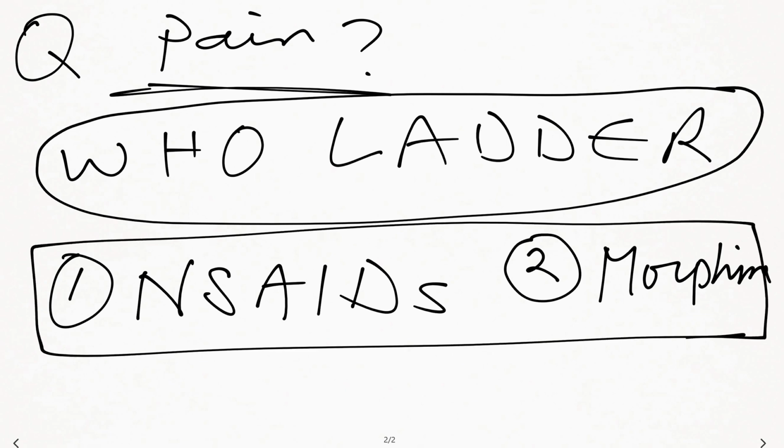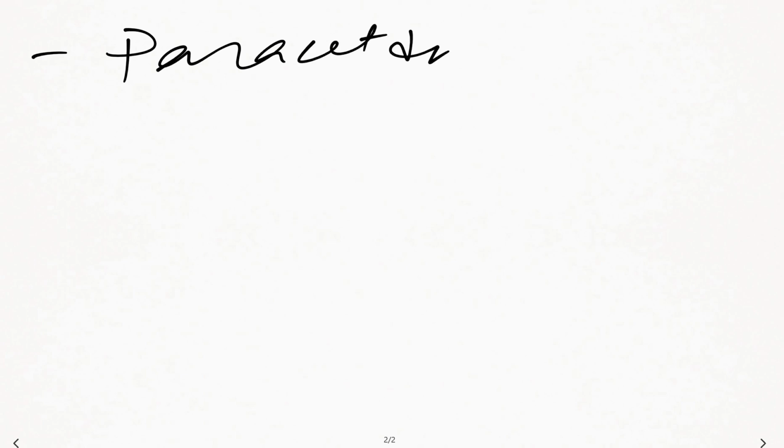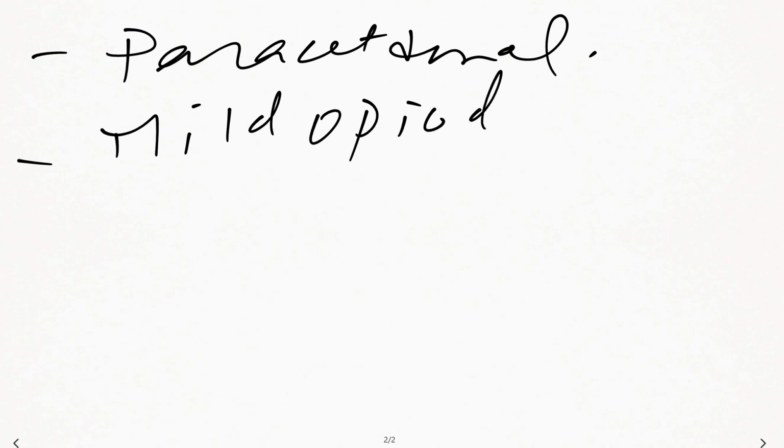Other than that, you are going to follow the ladder. You are going to start from the paracetamol. And if it is not working, you are going to give some mild opioid like codeine.